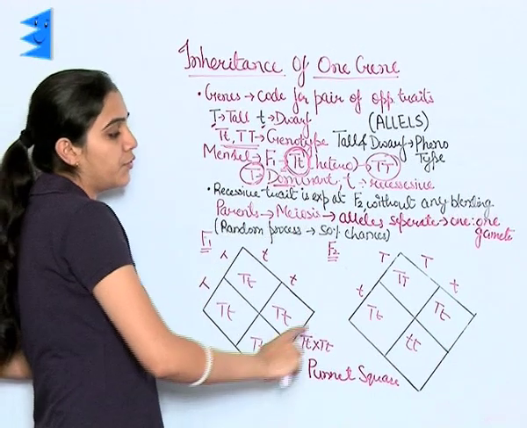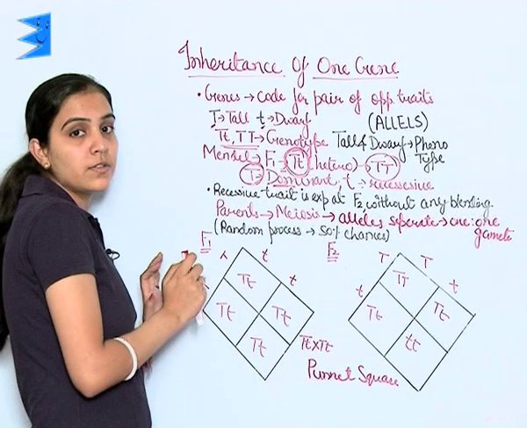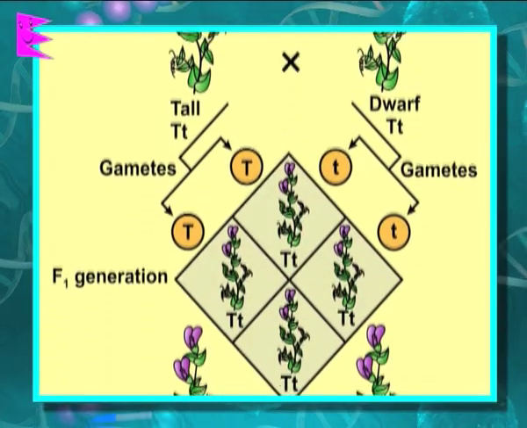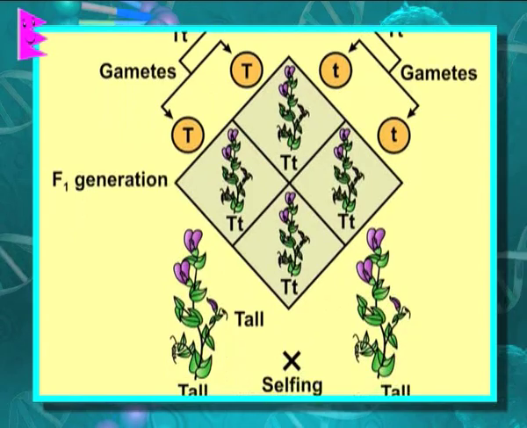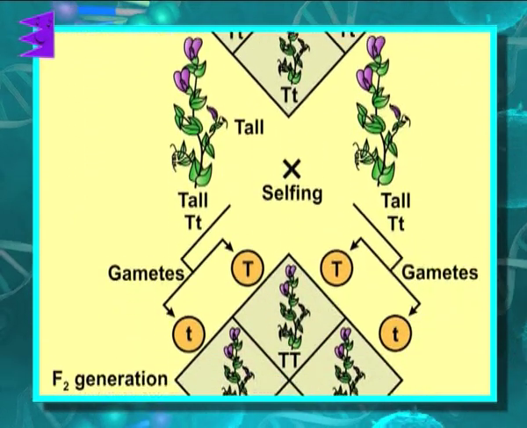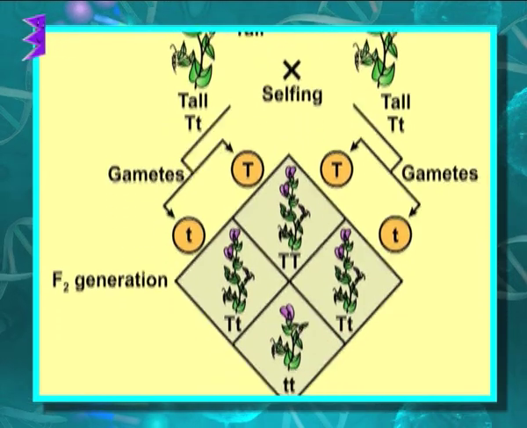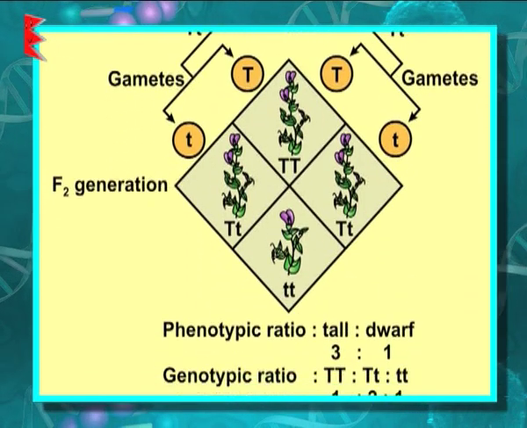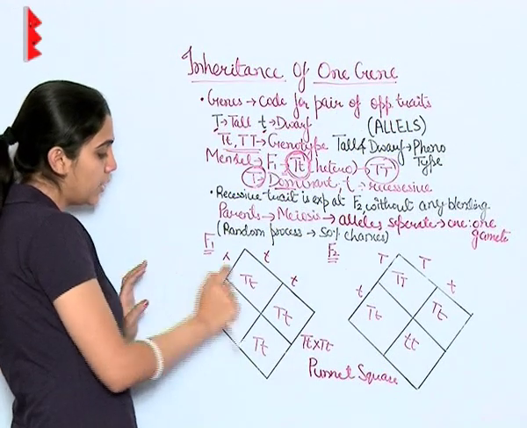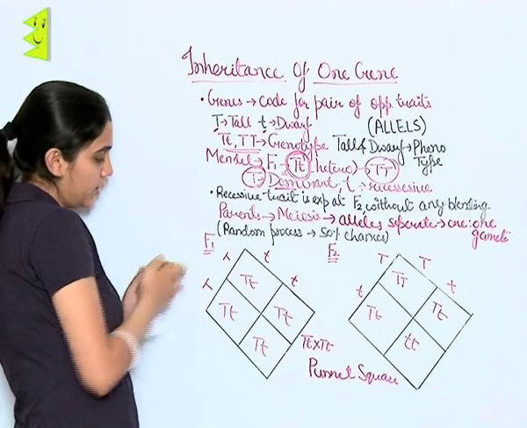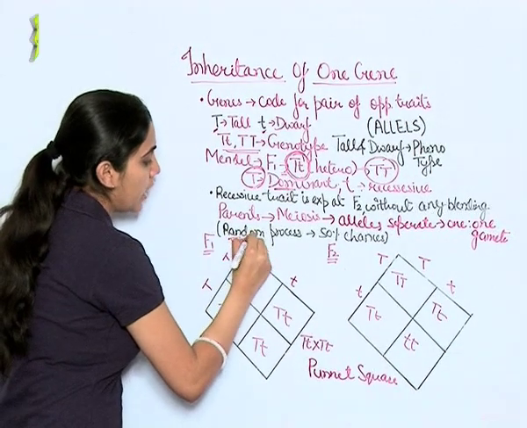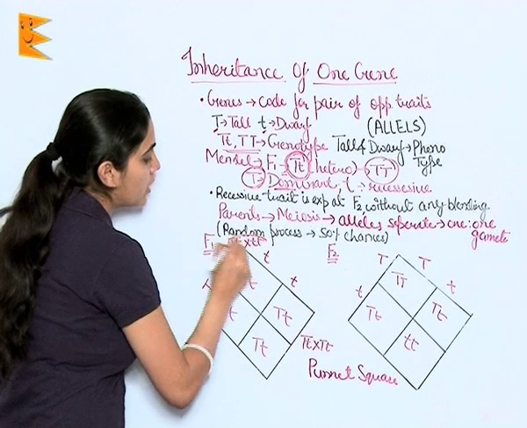To understand this further, a scientist named Reginald C. Punnett gave us the Punnett square, in which we write down the gametes on either end, and this is used to calculate the probability of the genotype of the F1 and F2 progeny. You can see here in F1, a tall plant is crossed with a dwarf plant.